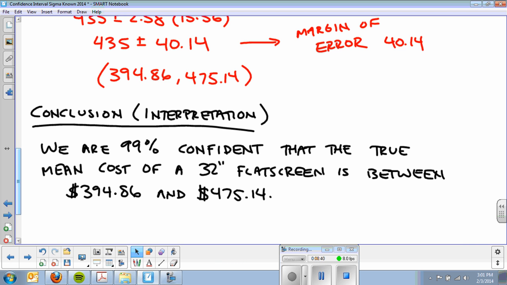And that is the conclusion. Now, remember that that's not saying that 99% of TVs are in between those two prices, but that 99% of all the confidence intervals that we were to construct would contain the true mean.